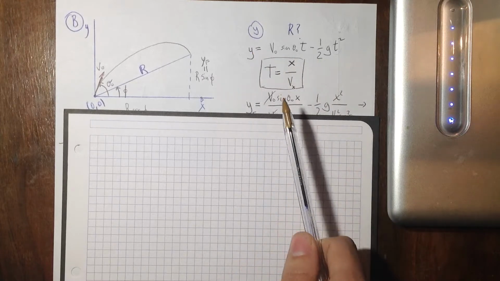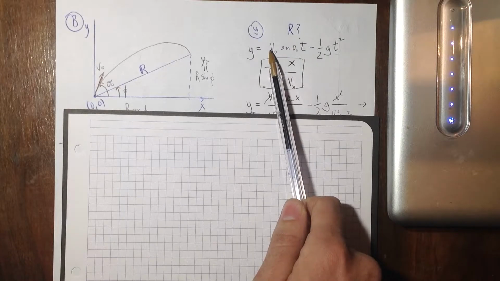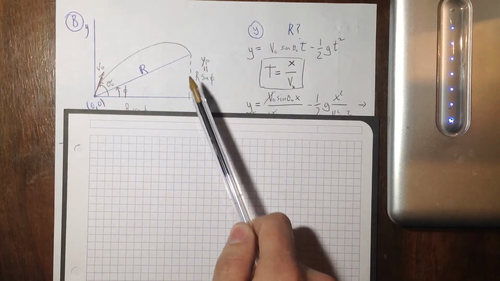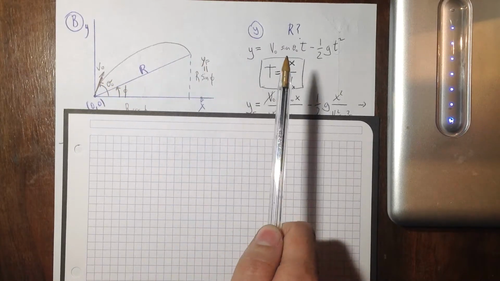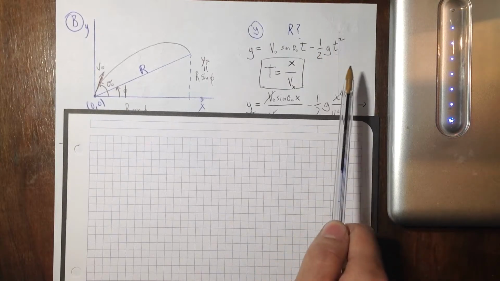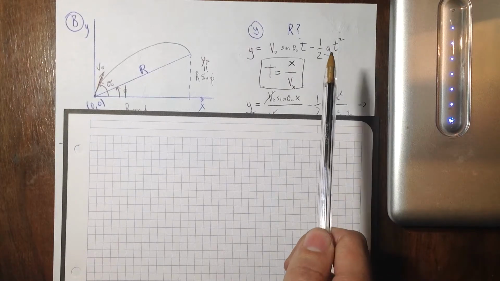This is the same equation we know, and we know that the velocity times the sine of theta is this height, for the same reason. And now we also have the time problem as before.